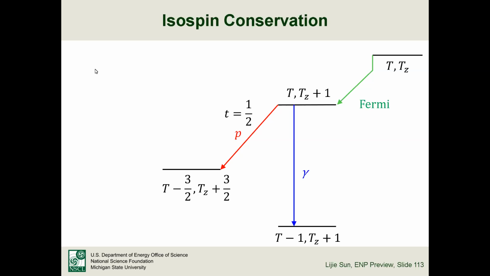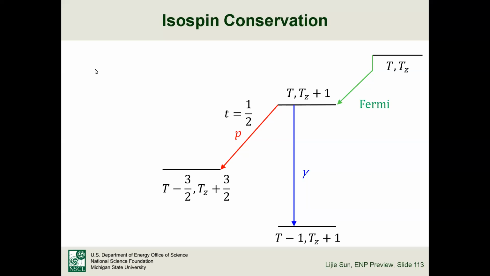In the beta decay of silicon-25, or any proton-rich nucleus, two kinds of states are expected to be populated: the T equals 3/2 IAS and the T equals 1/2 states. That's for other excited states.